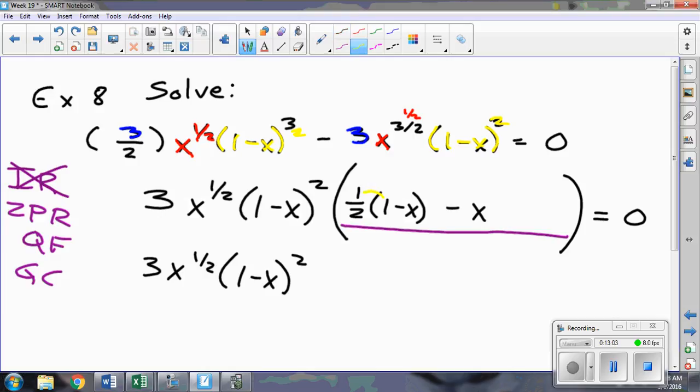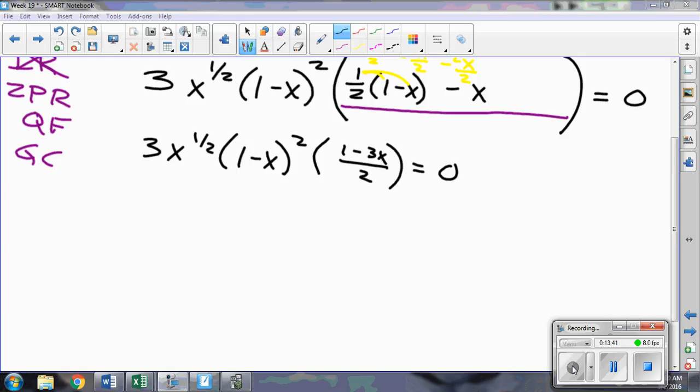1/2 times 1 is just a half. 1/2 times opposite of x is minus x over 2 minus x. Well, if I wanted to get a common denominator between all 3 of these, I can get a denominator of 2 and recognize then that this entire blob simplifies down to 1 minus 3x all over 2 equals 0.